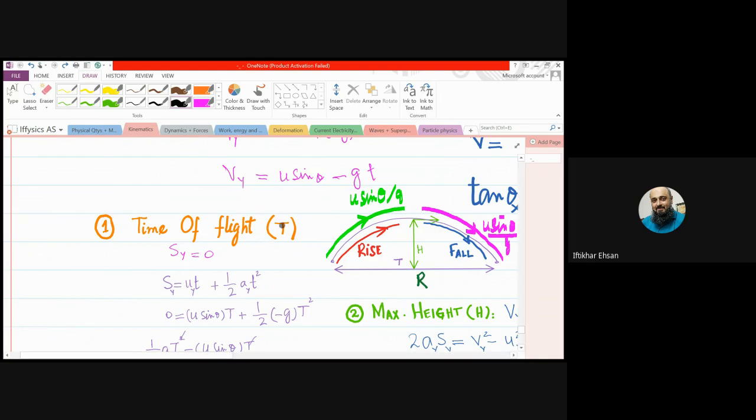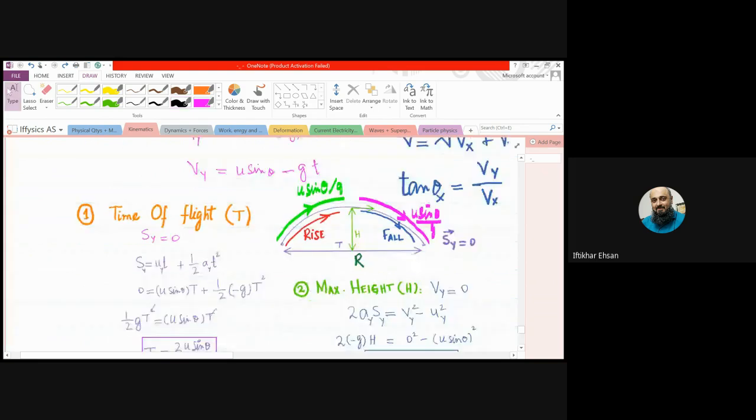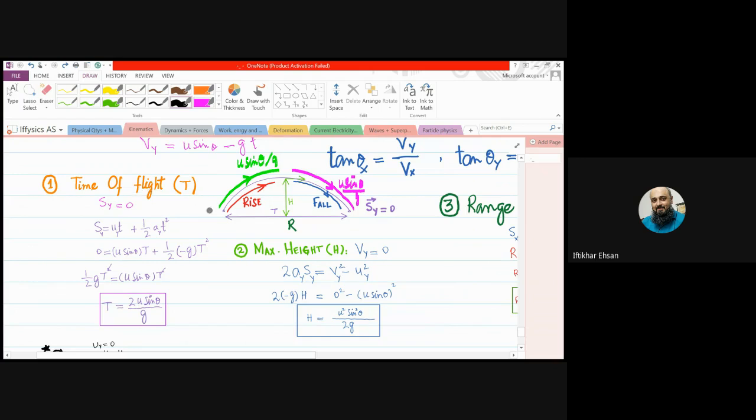Time of flight we can represent by capital T or small t, the choice is yours. So when we have to find the time of flight, it means the time between projection and landing, the time taken by the object to start from here and reach here.